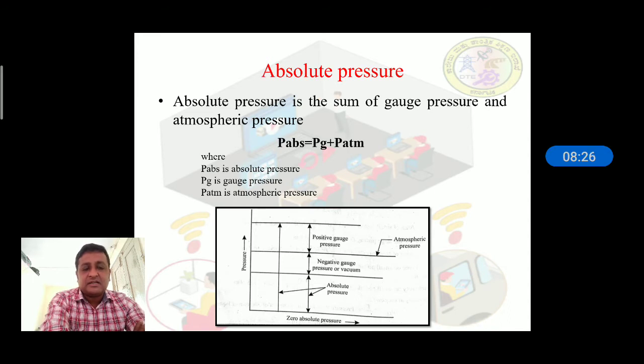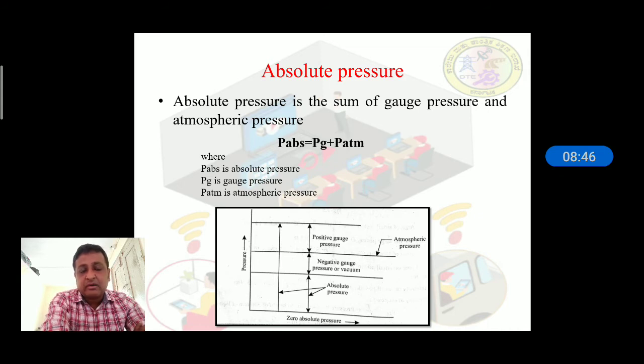In this sketch we can easily understand how the absolute pressure is measured. The atmospheric pressure is considered as a datum line. In the last slide we discussed gauge pressure. See, this atmospheric pressure is considered as a datum.